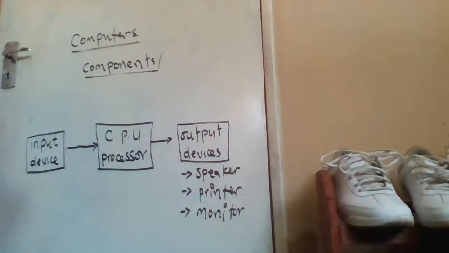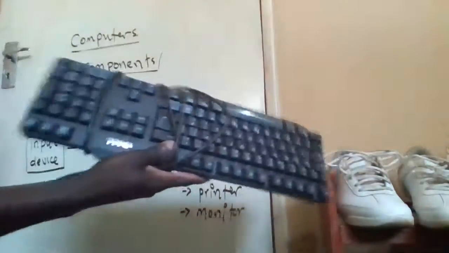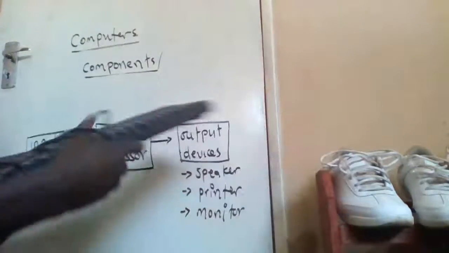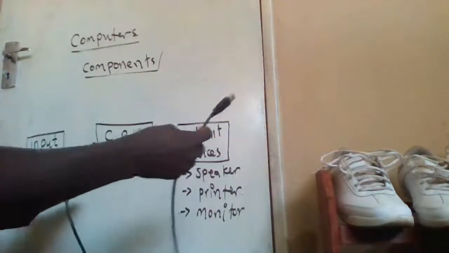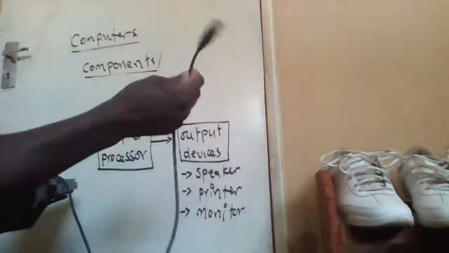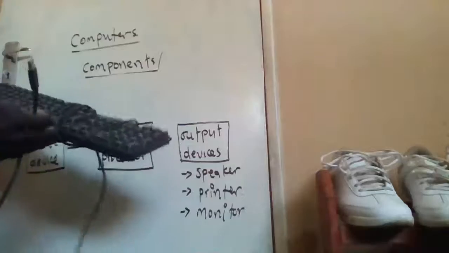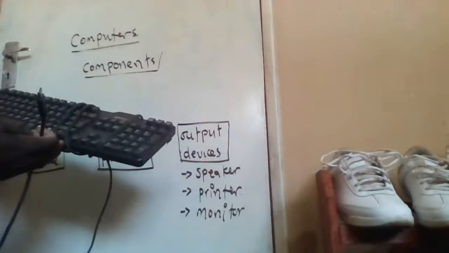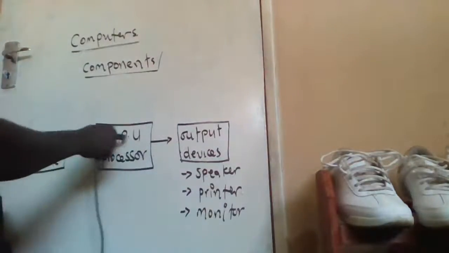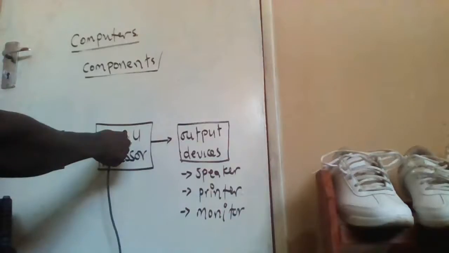The good example is this thing I have with me right here. You can never transfer a song from a computer and have it stored in the keyboard. It's not possible because this thing can only take the information: input devices.